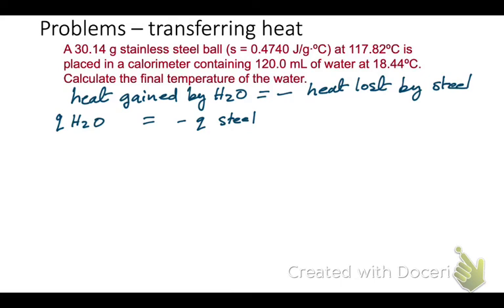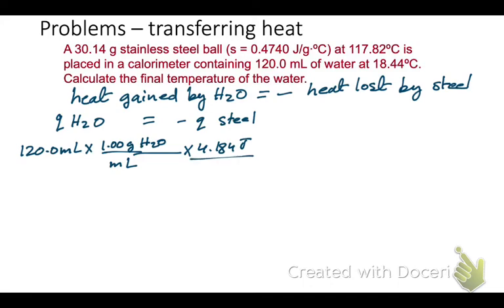Do I have mass of water? No, but I have volume of water. So 120 milliliter. I'll multiply this by the density of water, which is 1 gram of water for every milliliter. And then the specific heat of water, 4.184 joule for every gram every degree Celsius.